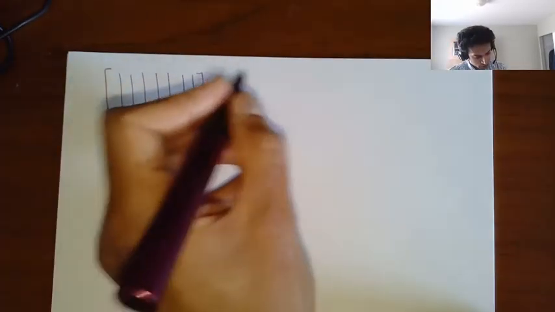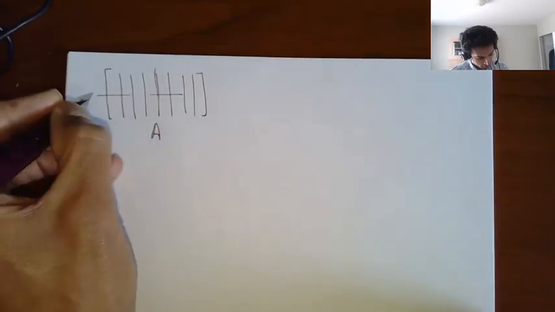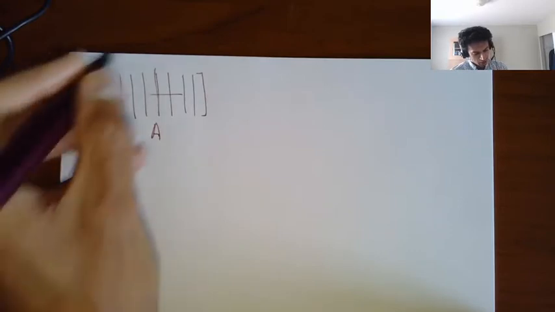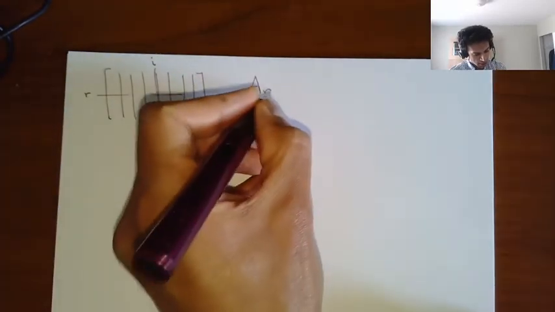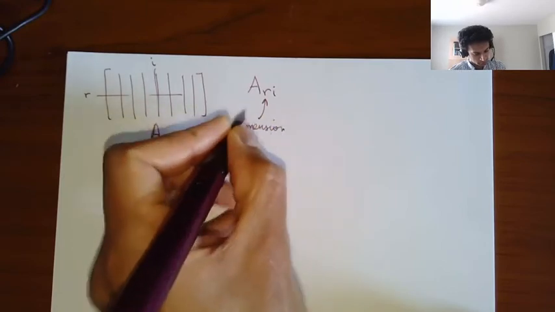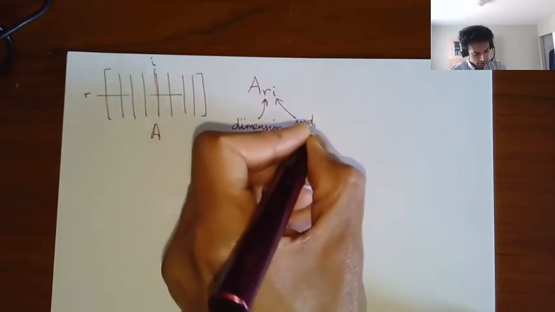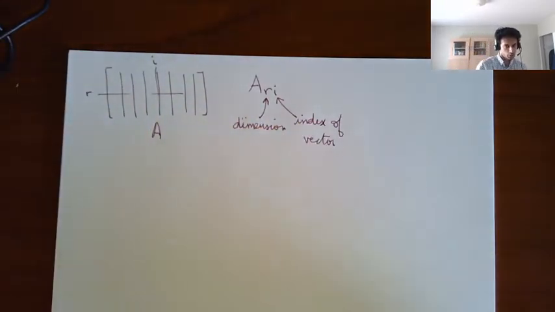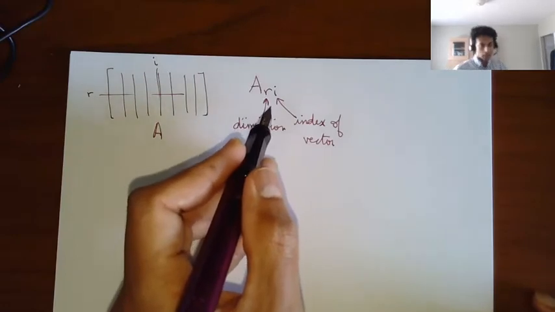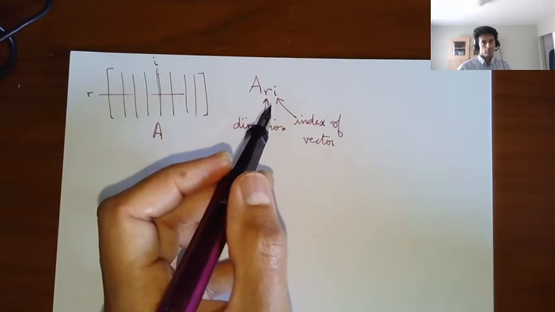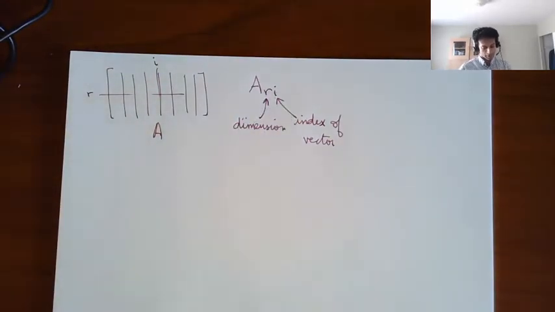Let me use, of course, for any r and i, A_ri. Remember, i is the index of a vector, because these are the column vectors we're looking at. So A_ri is the rth entry of the ith vector.